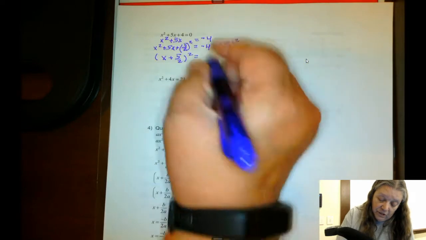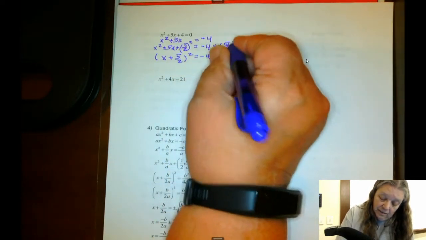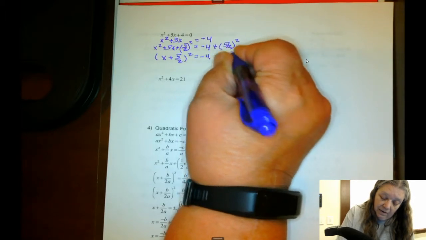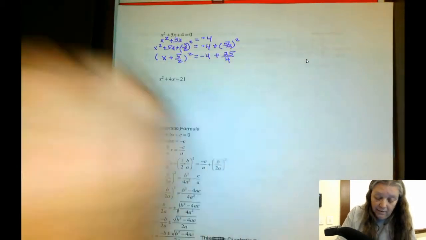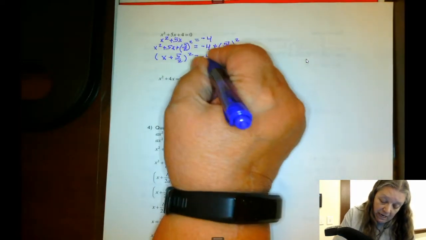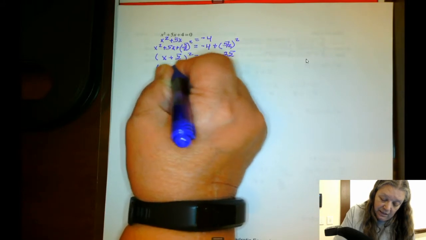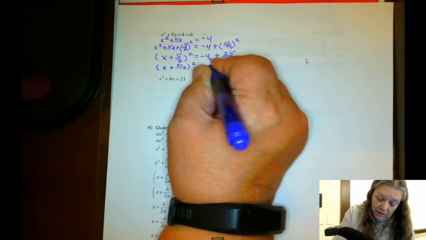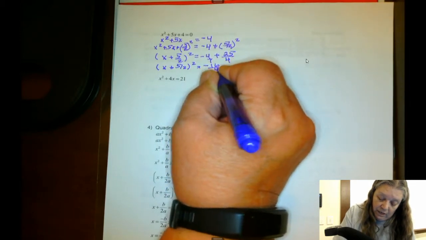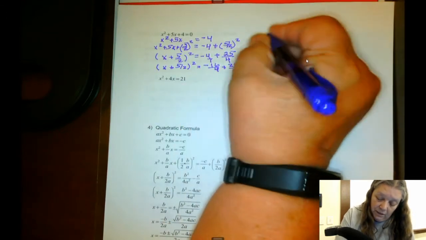Right-hand side, we have to do a little bit more work. So we have negative 4 plus 5 squared is 25. 2 squared is 4. So now we have to write the negative 4 with the denominator of 4. So this gives us x plus 5/2 squared equals negative 16 over 4 plus 25 over 4.